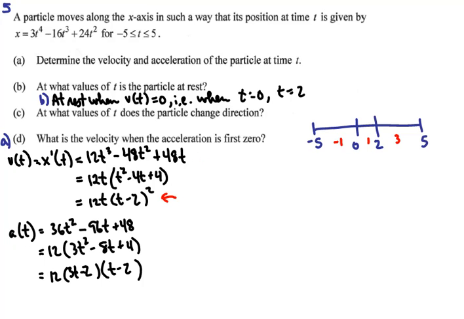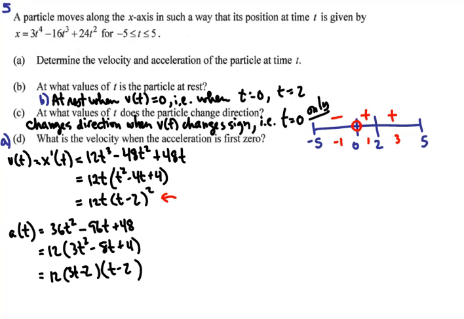The (t minus 2) quantity squared is always going to be positive, so the sign is only dependent on t, and it's going to look something like negative, positive, positive. We can see that it only changes direction at t equals 0, because it only changes direction when v of t changes signs. Okay, so that's part C.